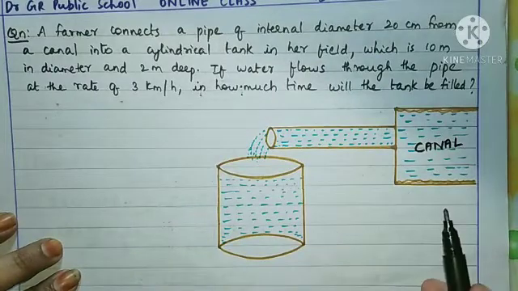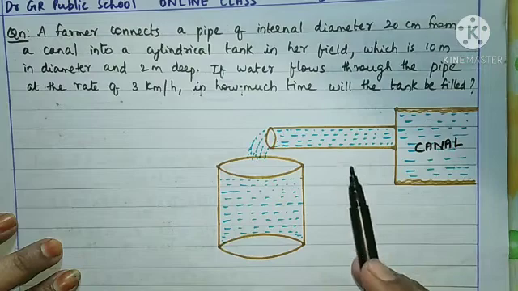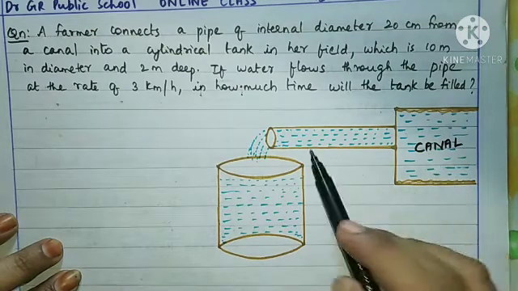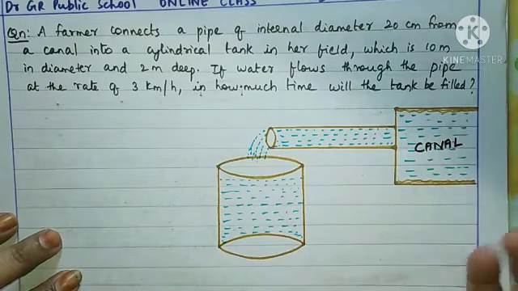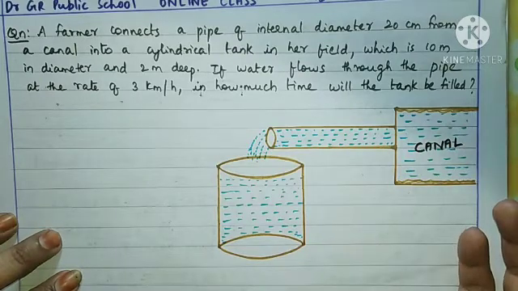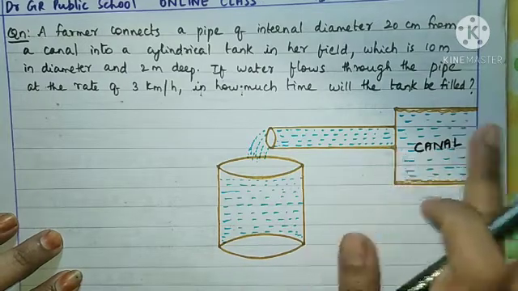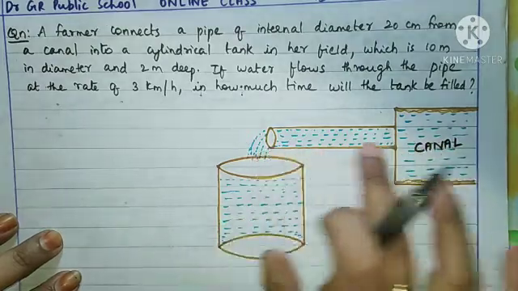Here also the water from a canal is transferred into a cylindrical tank. And here you see I have drawn the diagram. This is a canal and no information about the canal, nothing is told, so no need of that. You just think it is a canal, and from the canal a pipe is connected.